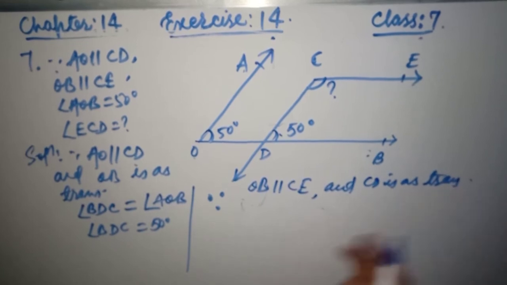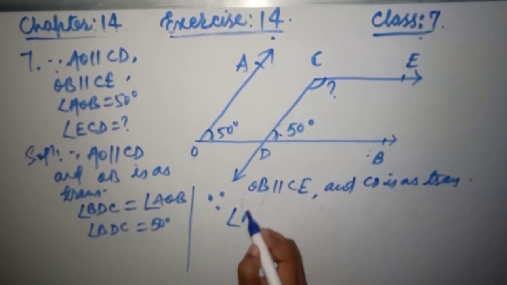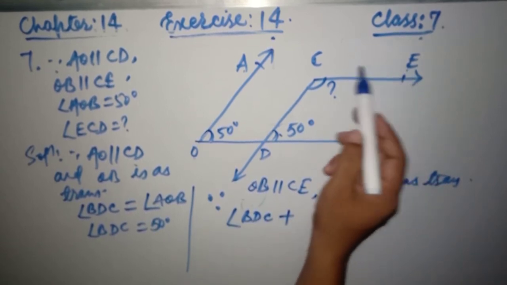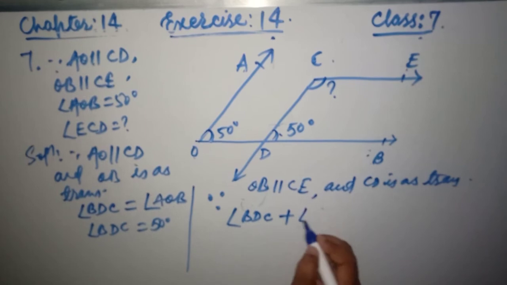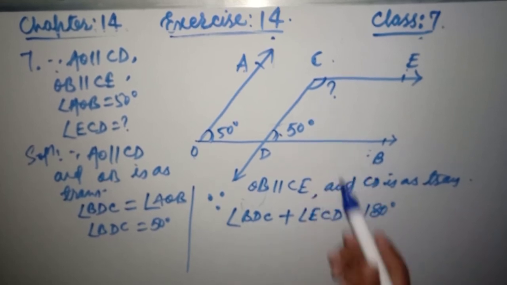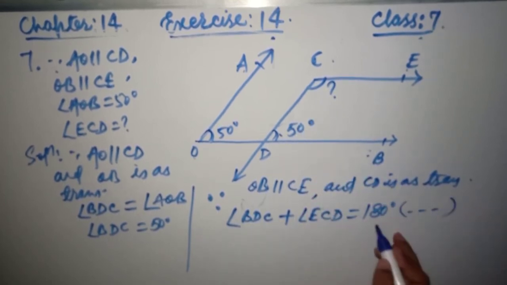So then friends, we can say angle BDC plus angle ECD is equal to 180 degrees, because the interior angles on the same side of the transversal are supplementary.